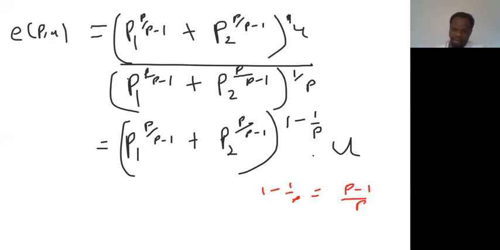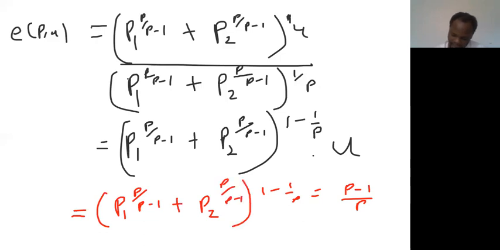So the expenditure function is now P1 phi over phi minus 1 plus P2 phi over phi minus 1, exponent phi minus 1 over phi, multiplied by U.